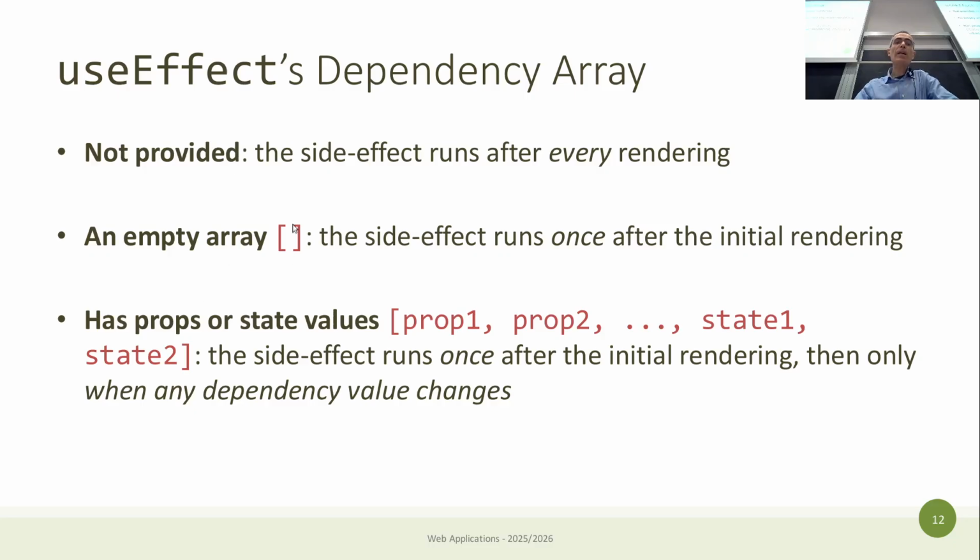An empty array, instead, is very common. The side effect runs only one time after the initial rendering. So that means at mount time, when the component appears in the virtual DOM tree, you can execute code after the component has appeared for the first time in the DOM tree.